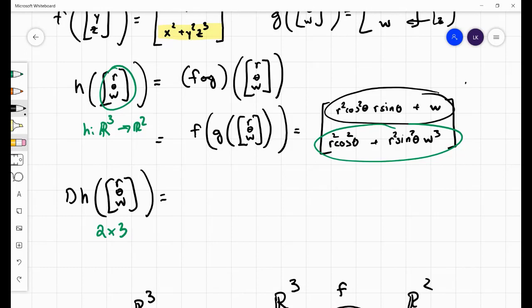So let's differentiate the first component function with respect to r, theta, w. With respect to r, you get 3r squared.